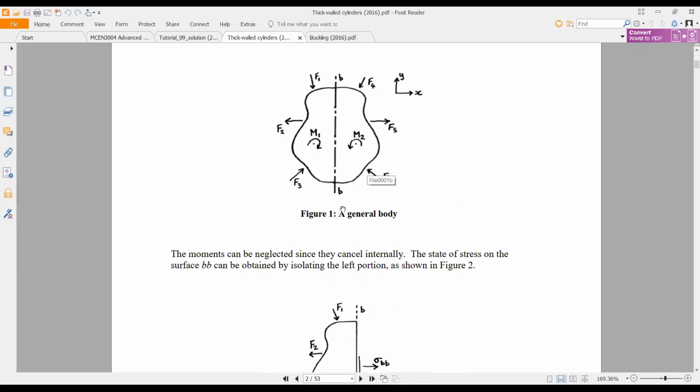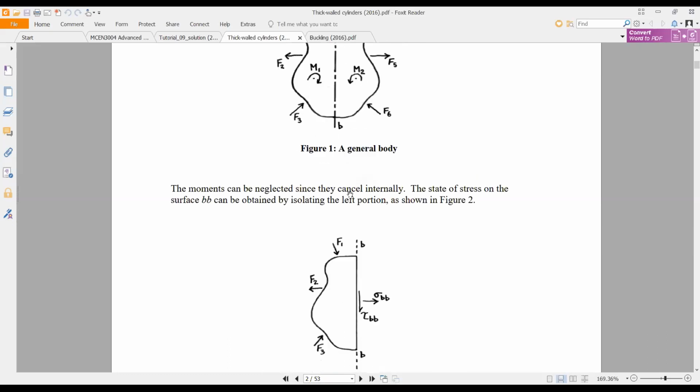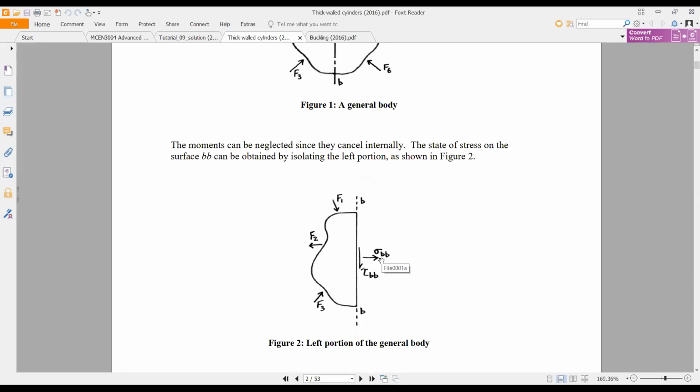But when we separate the left hand side and right hand side at the BB axis, we need to introduce forces. To keep equilibrium with the horizontal forces, you need to introduce an additional horizontal force here, and a vertical force as well. If you apply the horizontal force, it is called stress, nominal stress. And if it is a vertical force, you can see it is applied on the surface.